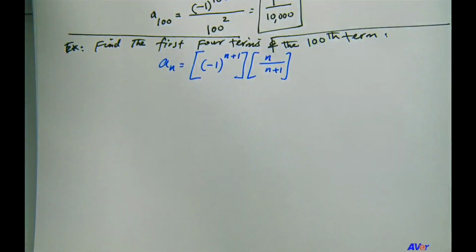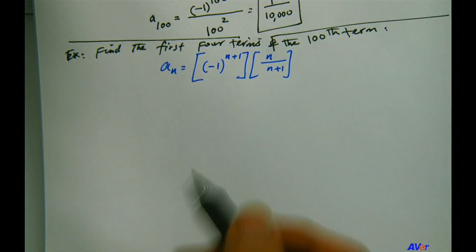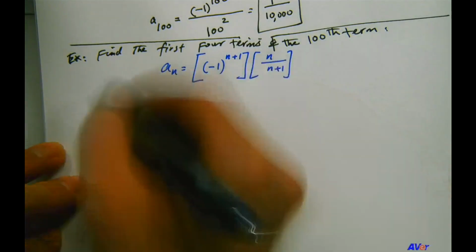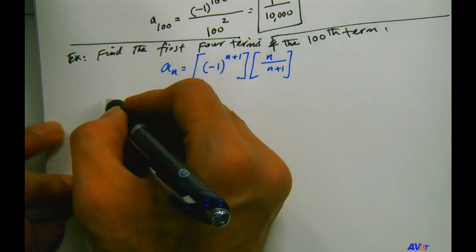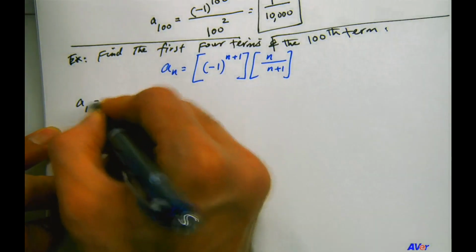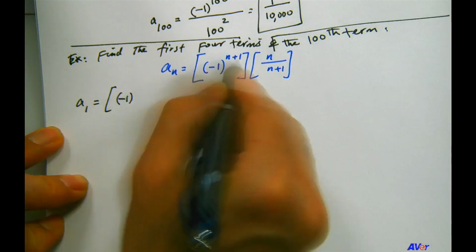I encourage you to pause the video and do your own calculations and then come back and compare what you've done with this. Okay, so I'm assuming you've done that and you're now ready to see my solution. So A1, the first term, would be minus 1, plugging in 1 for n.